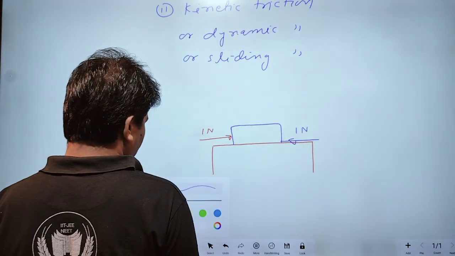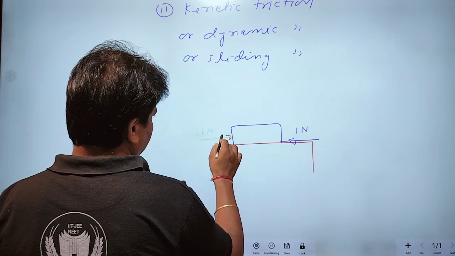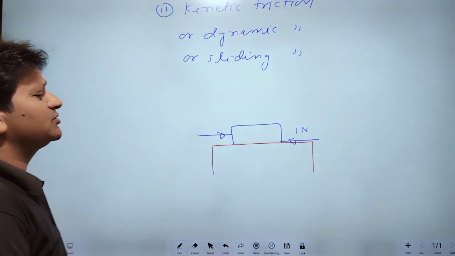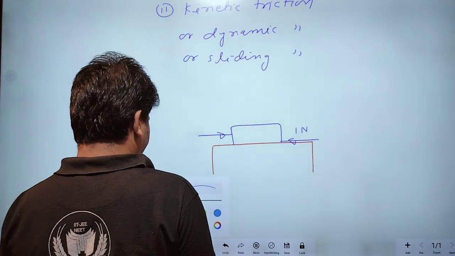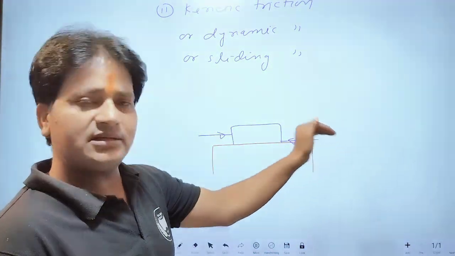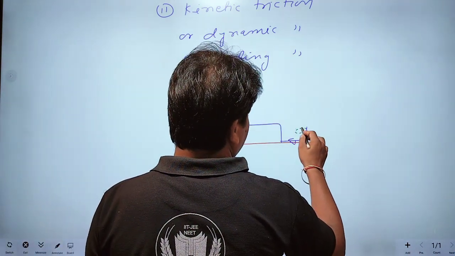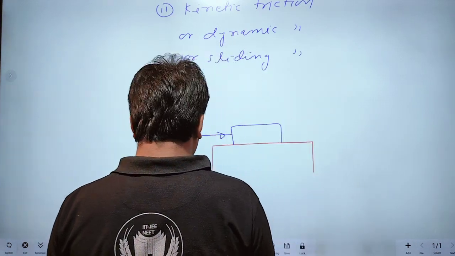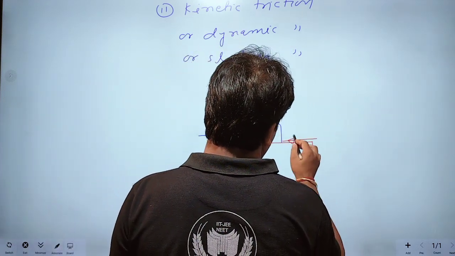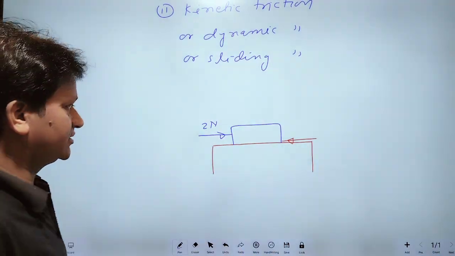Now we are going to apply another force of 2 Newton. But the block does not slide. This means that the block has a tendency to move in rightward direction. Therefore, friction opposes the tendency of relative motion. Friction force will act in this direction, which opposes the applied force.